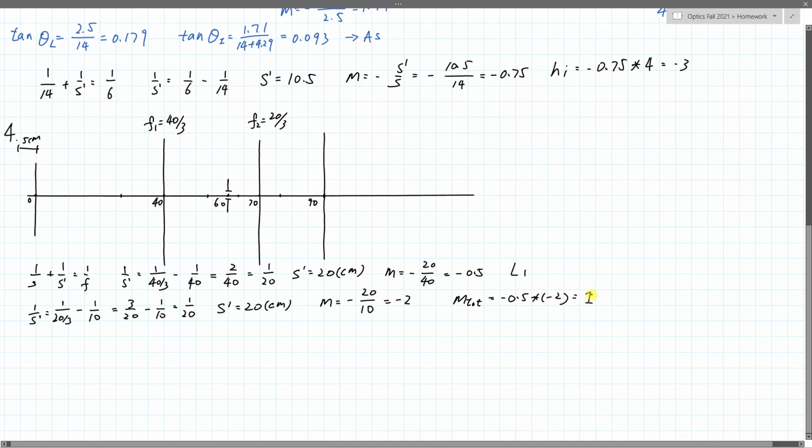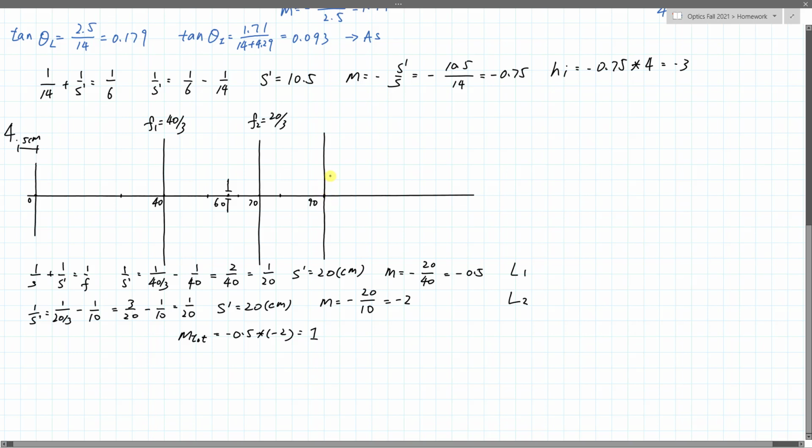So it's right side up. This is L2, so that's a total. So if you have an object here, it's going to show up right side up as an object over there.